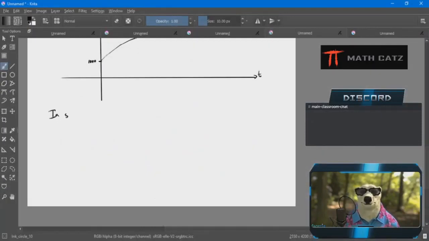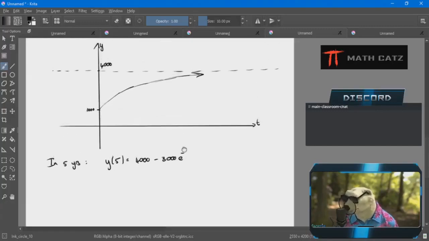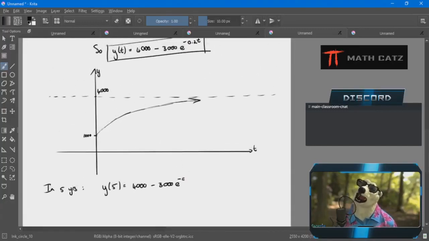In 5 years, we simply use our function with 5 as the time variable, 4,000 minus 3,000 e to the negative, what was it? 0.2 times 5, and we get an answer. Let's see what that answer is.